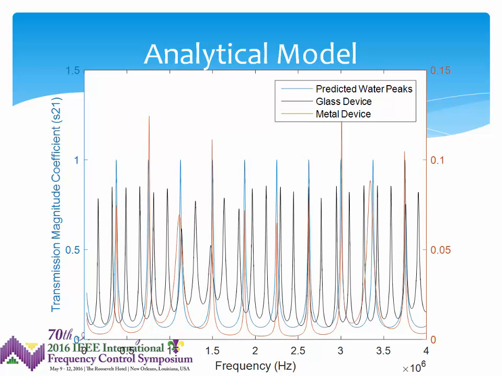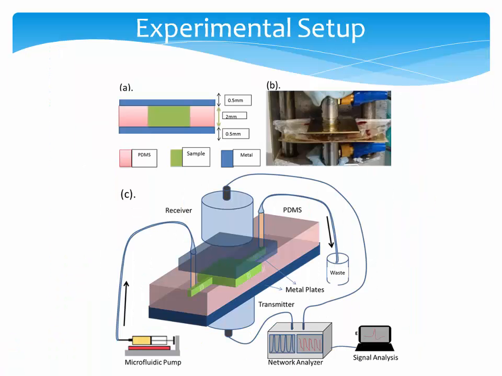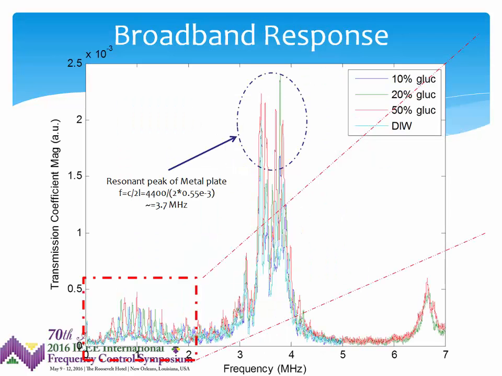And then with the glass device, you have a mismatch because of the interaction of the modes that are set up in that composite stack. So that's the experimental setup with the two transducers and swept frequency measurements, and so a fairly simple setup there.